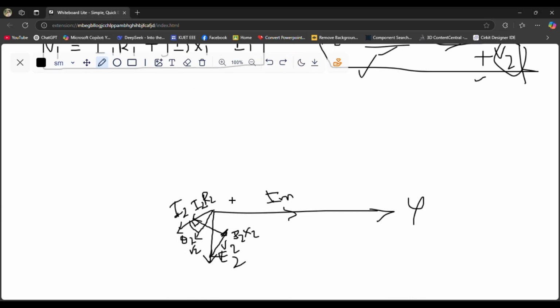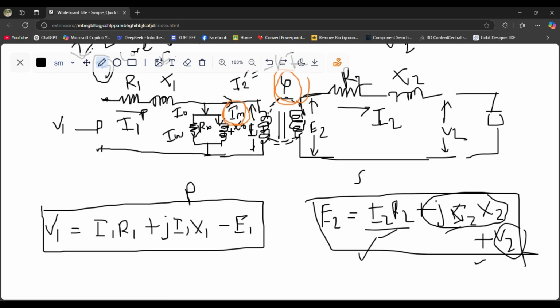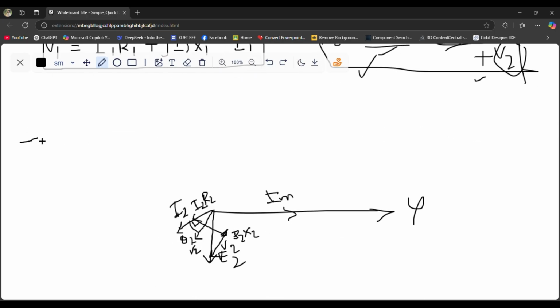So we have already done the magnetization component of the primary side. We have done with that. Then we have the relation with Im of Iw, which is the core loss component, and Iw will lead this Im by 90 degree, because in a parallel circuit, if we have resistive and reactive components, if a current enters this circuit, it will be divided into two parts, let's say I2 and I1.